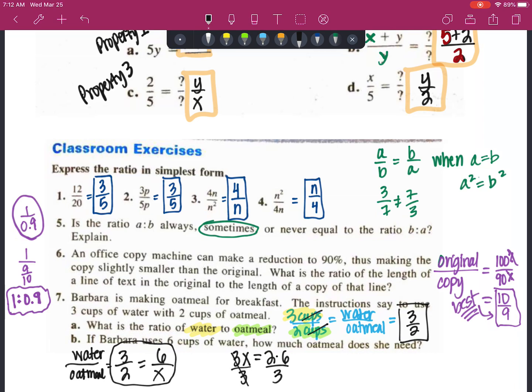Divide both sides by 3. Some of you might have said 12, which is fine. I just divide by 3 and I get x equals 4. You got x equals 4 as well. It all depends on how you want to go about doing the math. But this is a cool trick when your numbers get big and you don't have a calculator.